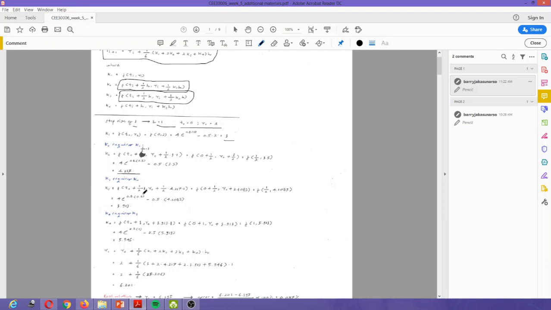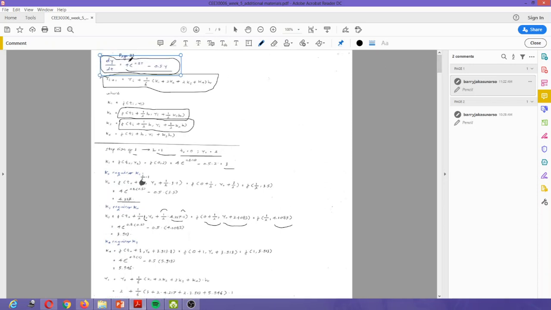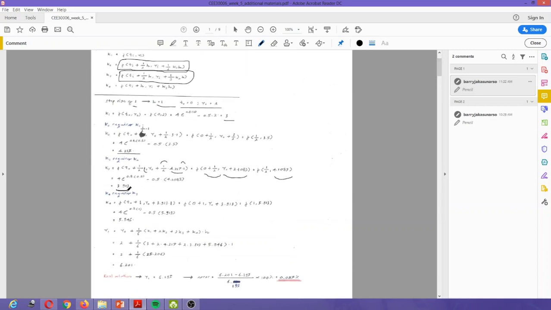h equal to 1. Then K2 is 4.217, h is 1 again, and we have the half term. Putting in these terms, y naught plus half K2 multiplied by h will be equal to 4.1085, and then we substitute back into the term on the right hand side, and we get K3 equal to 3.913.